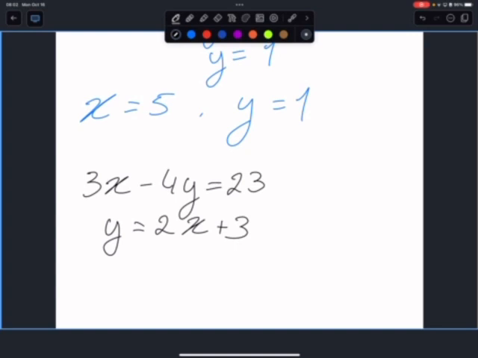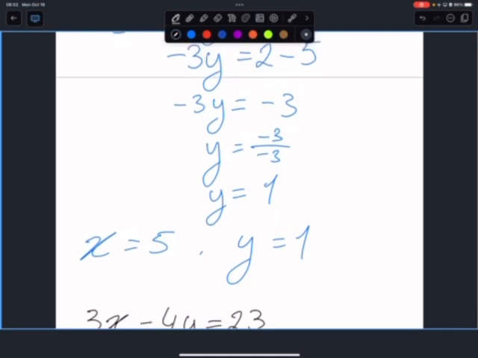As you noticed, this one is quite different than the first one. This one you use the substitution method.